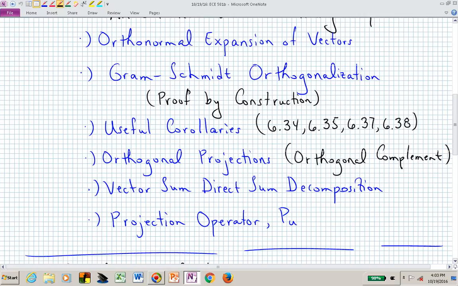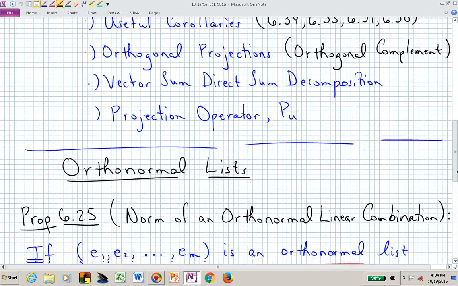And I don't know that we will get there today, but we can then start talking about a projection operator, and this will allow us now to get into optimization type problems. Maybe we want to find a solution in some subspace or in a subset. How do we find the shortest vector in this subspace that's nearest a vector that's not necessarily all in that subspace? And the orthogonal or the projection operator will allow us to do that.